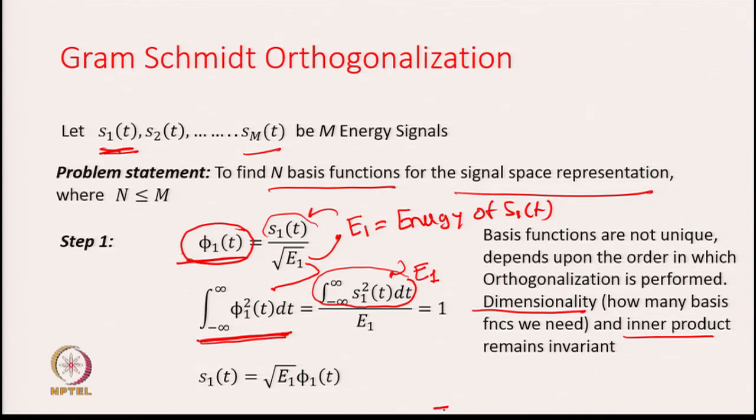So, the energy of phi1(t) turns out to be unity, or 1. Hence, the first thing is clear: this phi1(t) basis function has unit energy. S1(t) can then be thought of as given by this quantity, where we are just taking this to this side. Okay. So, we have obtained S1(t) in terms of phi1(t), or rather phi1(t) in terms of S1(t).